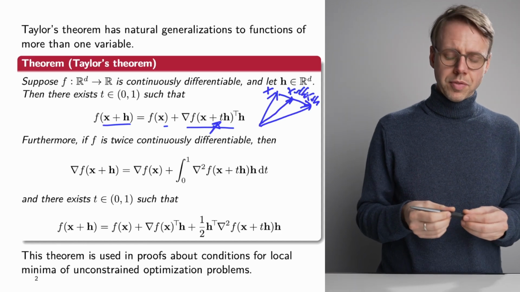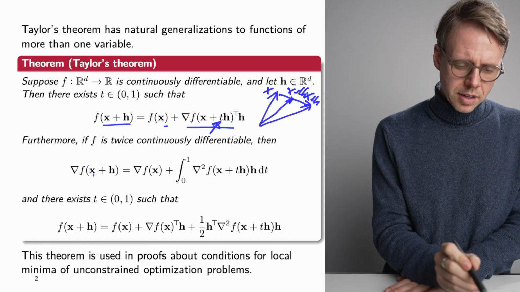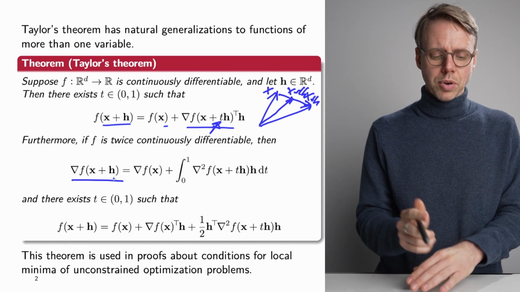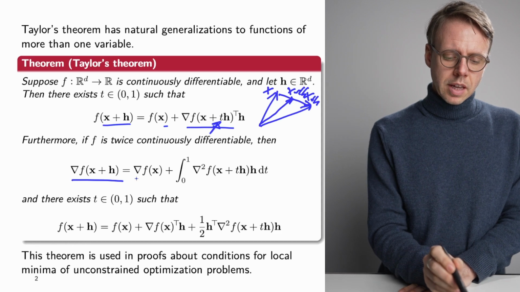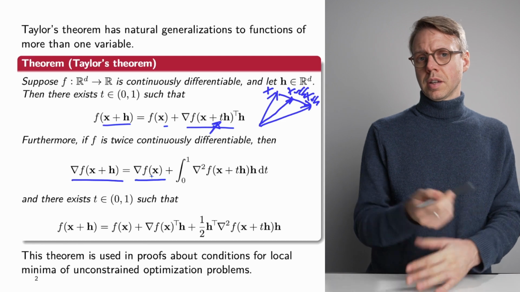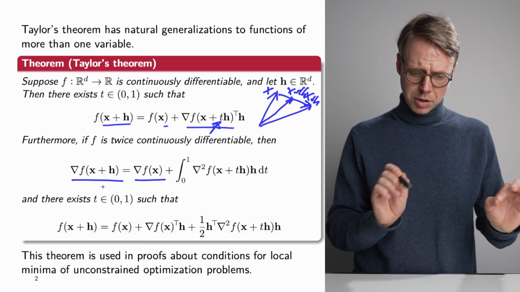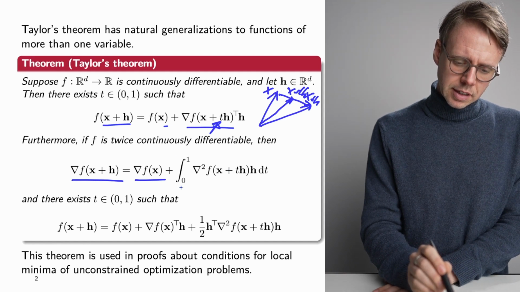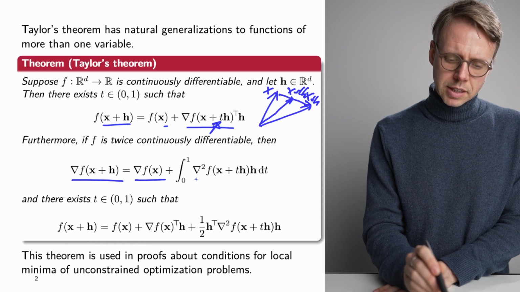Furthermore, if f is twice differentiable, then the gradient of f at this point x plus h, so at the point here, can be given by the gradient of f at the point x. So this tells us a little bit about how the gradient changes, plus the integral from 0 to 1 of the Hessian matrix.